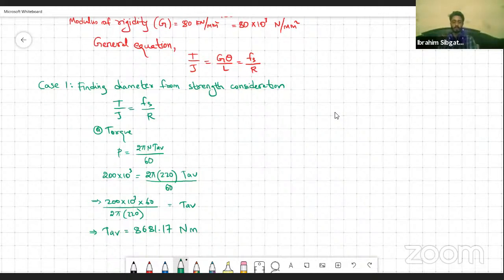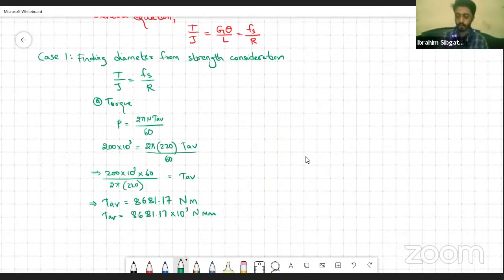Okay, so to convert this into millimeter, we simply have to multiply this with 10 power 3, so 10 power 3 Newton millimeter. So this is the average torque. Okay, so in the question, what does the question say?